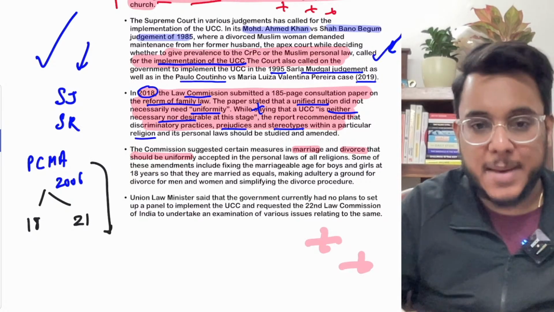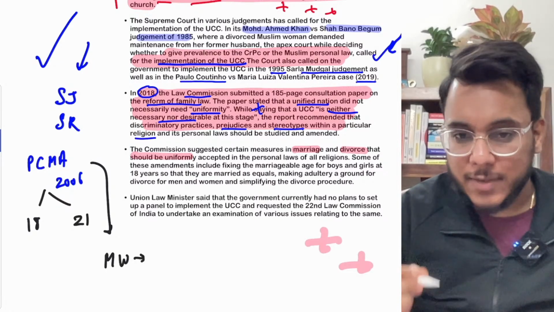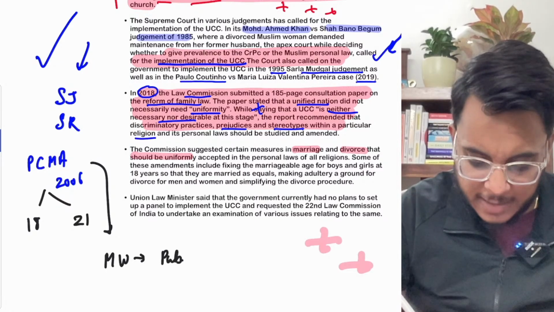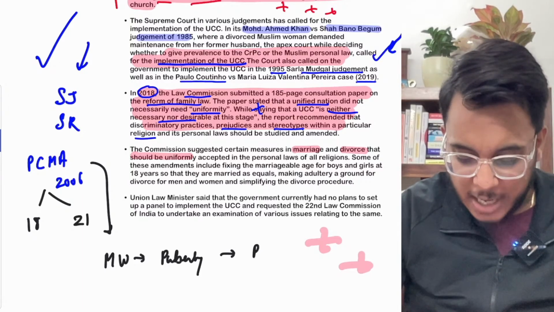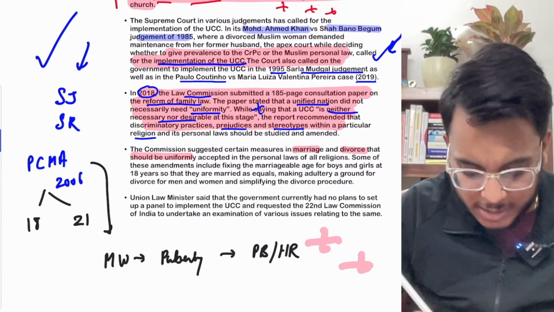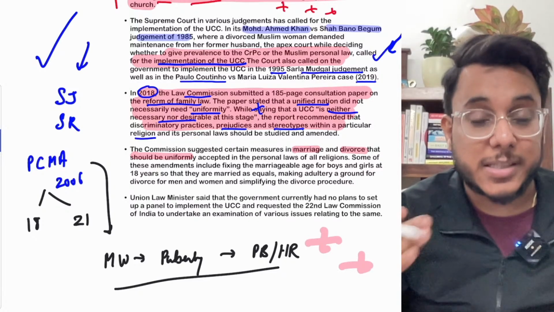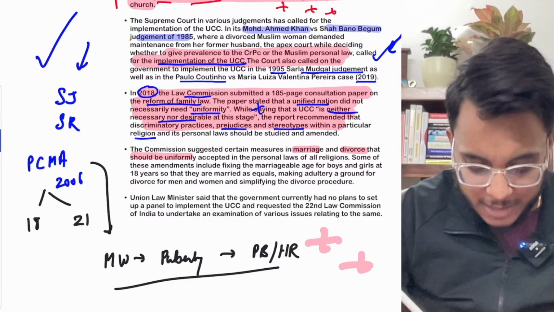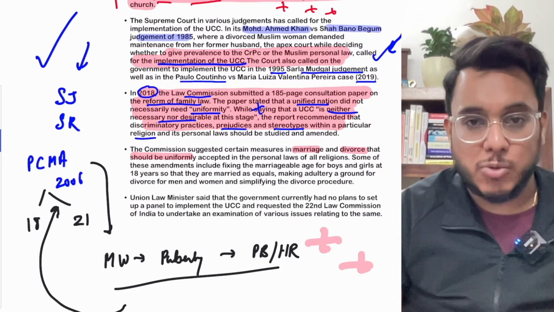But at the same time, I gave you the example that Muslim women can marry after reaching puberty, and this has been declared valid by the Punjab and Haryana High Court as well. So you see, where is this coming from? It is coming from the personal civil laws of the Muslims. Now, this provision is violating the PCMA 2006.